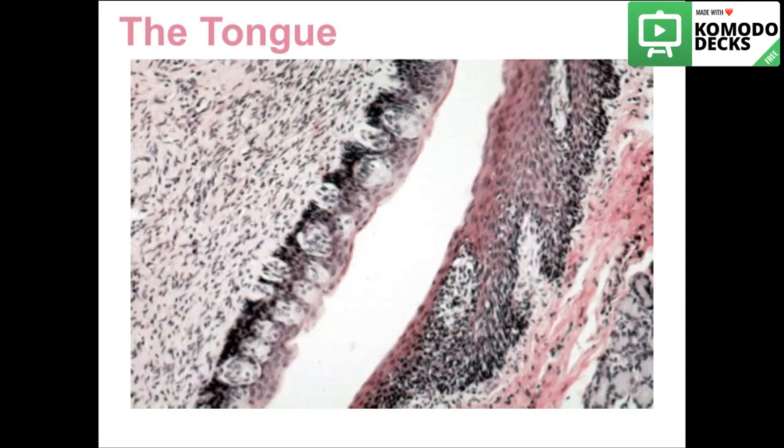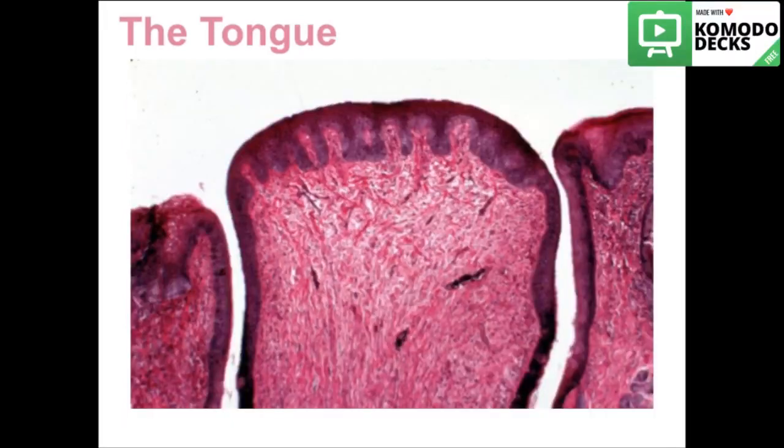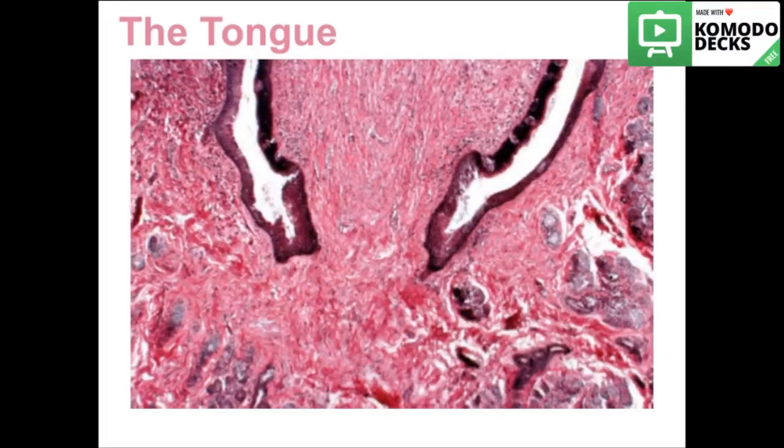Here is the trench, the taste pores within the epithelium, taste buds on the surface. This is the base of the trench of the circumvallate papilla.